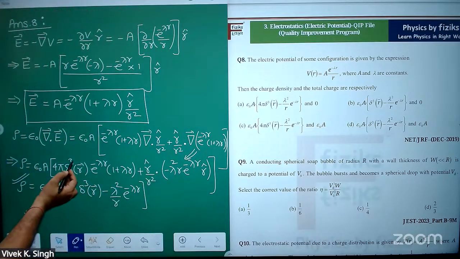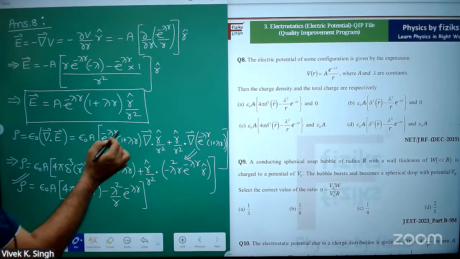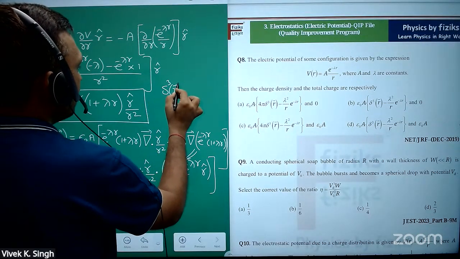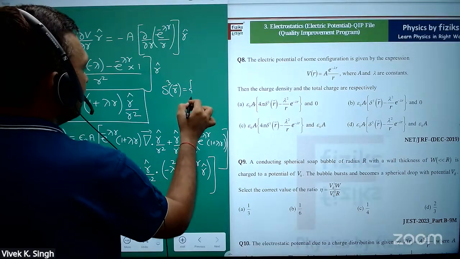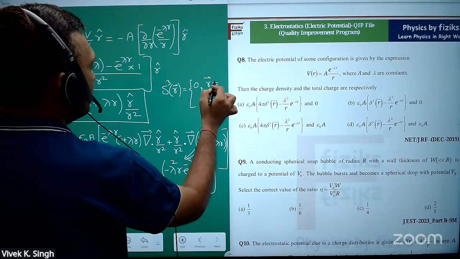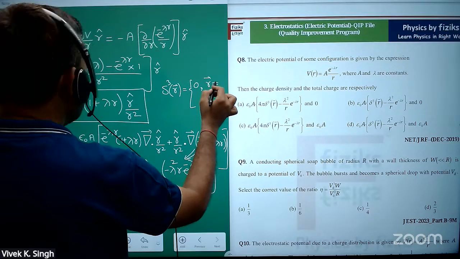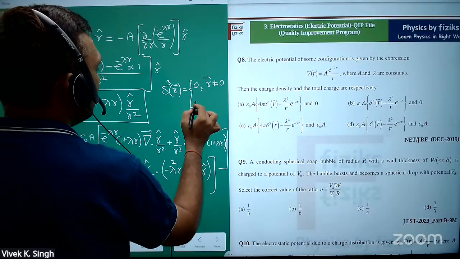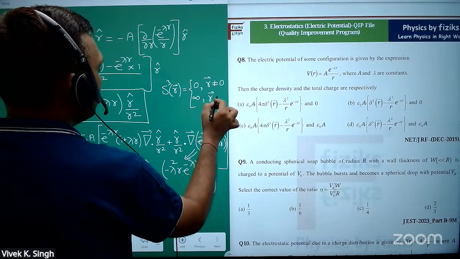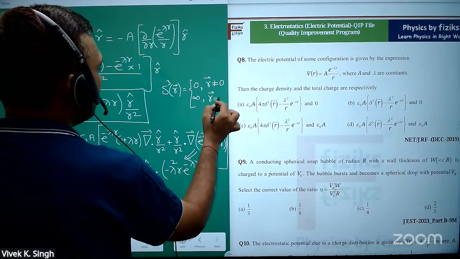Because by definition, the Dirac delta function will be 0 if r is not equal to 0, and this will be infinity when r is equal to 0.